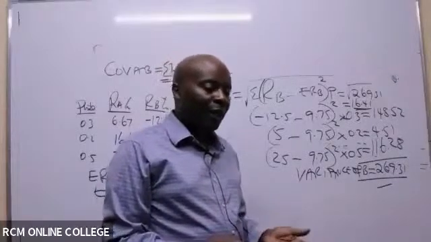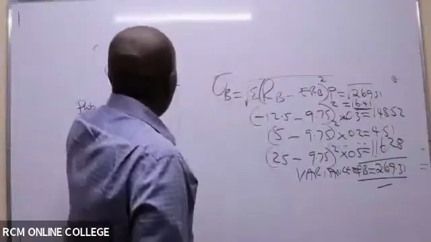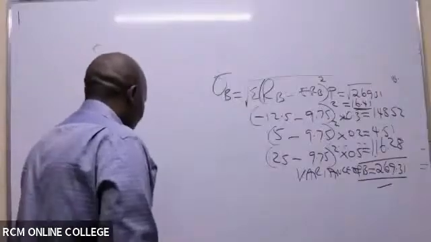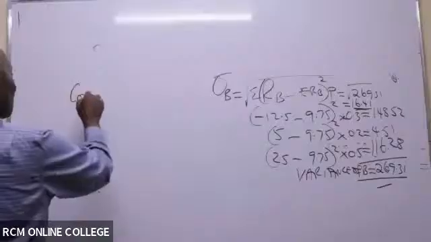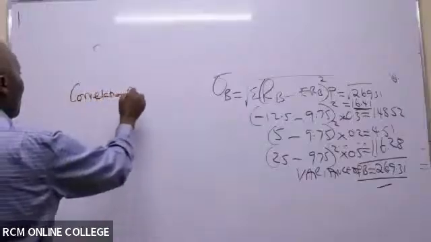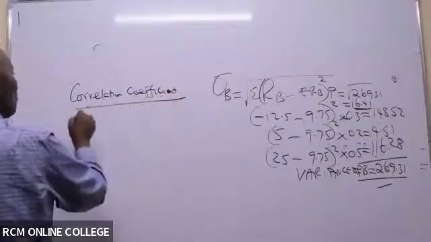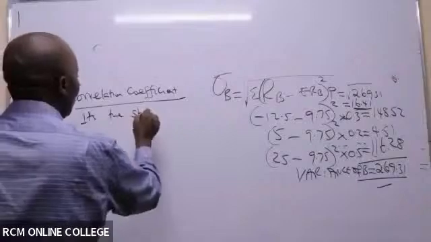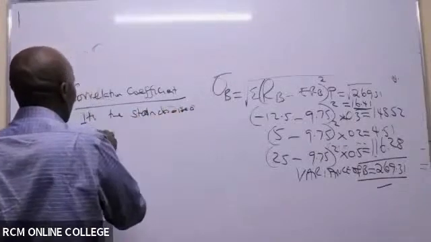So now we are done. What we need to do is to come and give our examiner the formula of correlation coefficient. So the correlation coefficient is the standardized covariance.